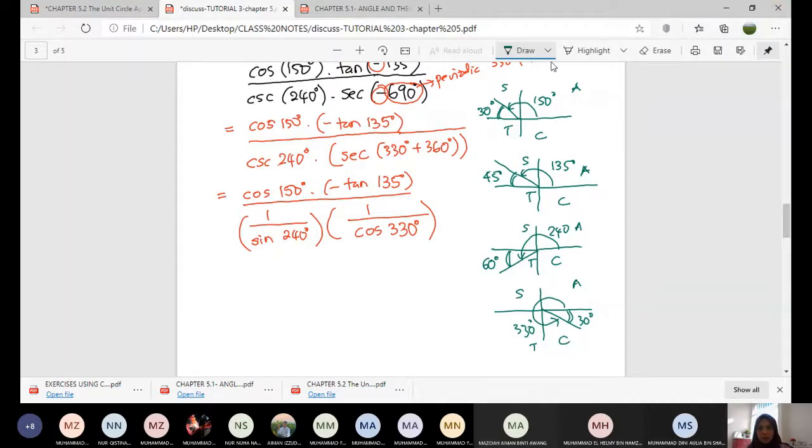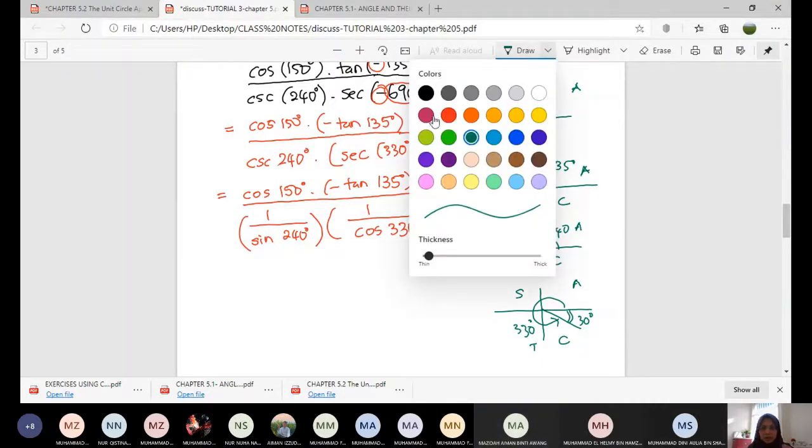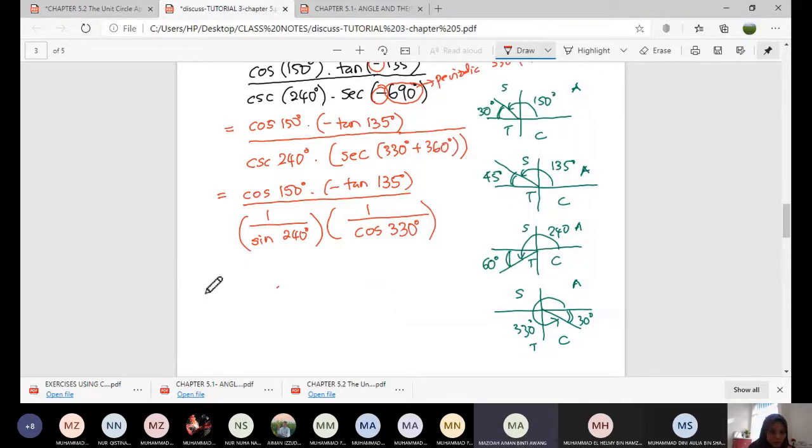And here we will write in terms of sine and also in terms of reference angle. Earlier we had not written it yet, so now we write like this. So we look at cos 150. In the second quadrant, cos is negative, so we need to write negative cos.